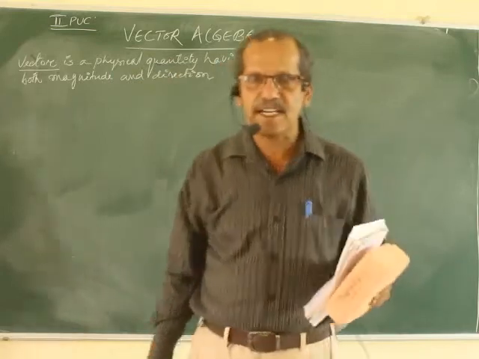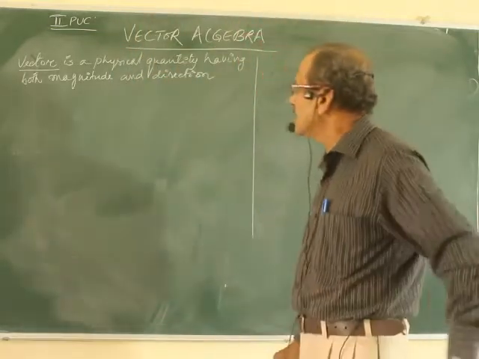Definition of the vector is over. Vector is a physical quantity having both magnitude and direction.